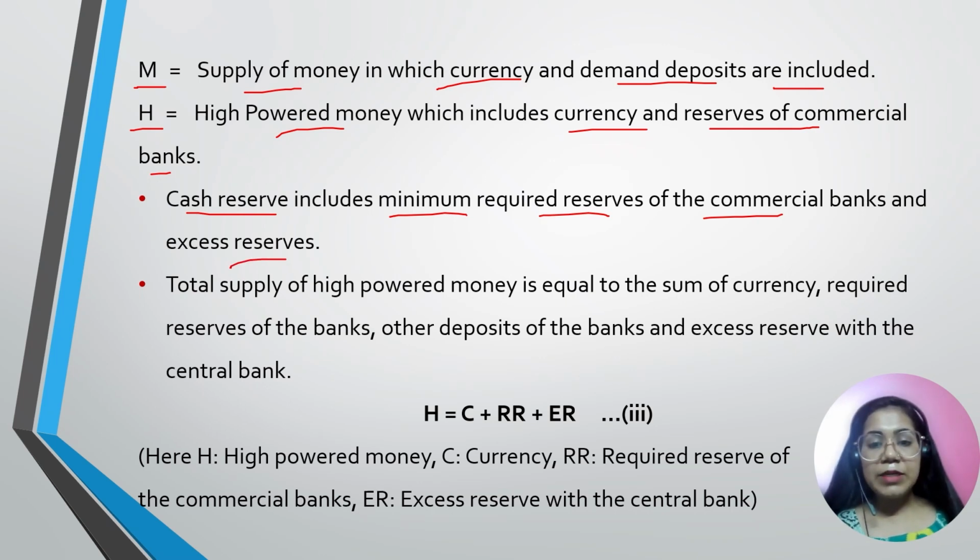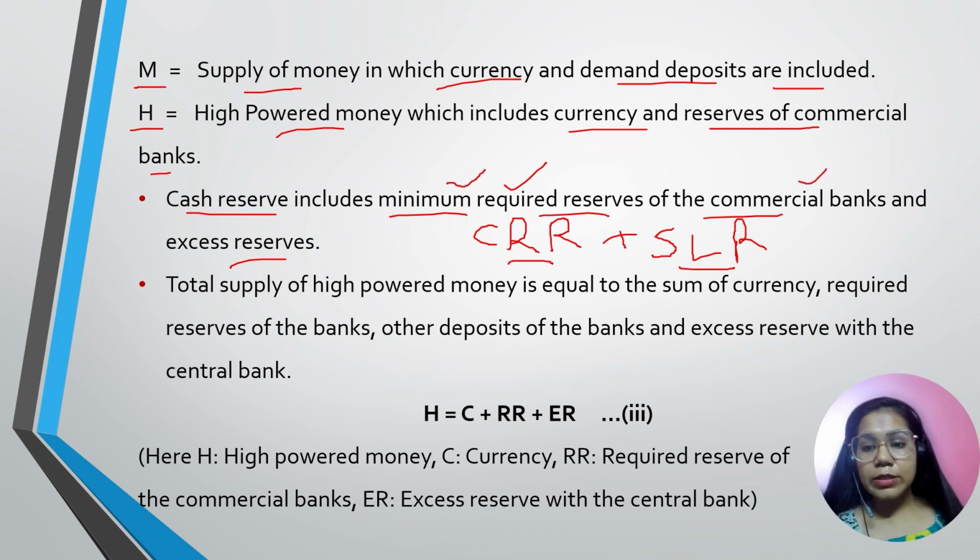The minimum required reserves we have already talked about: they are the CRR, which the banks have to keep with themselves, and the SLR, which the banks have to keep with the RBI. CRR was cash reserve ratio and SLR was statutory liquidity ratio. So these are the minimum required reserves that the banks have to keep with themselves or the central bank. And then the remaining deposits are known as excess reserves.